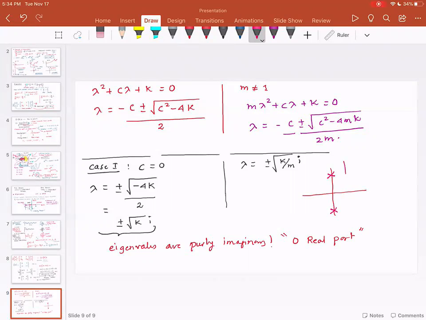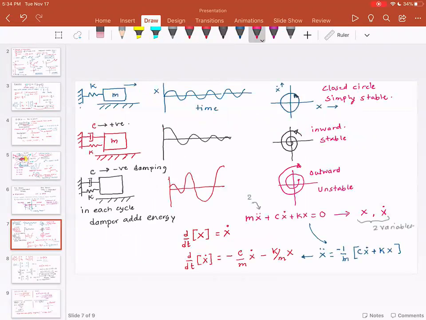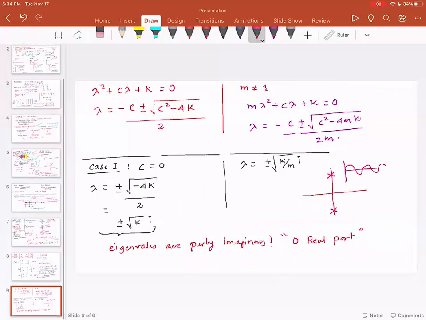What it means is you are going to have a purely oscillatory response. And that is what you observe in the case of a simple spring mass system. When the damping coefficient is 0, you are going to have a purely oscillatory response.